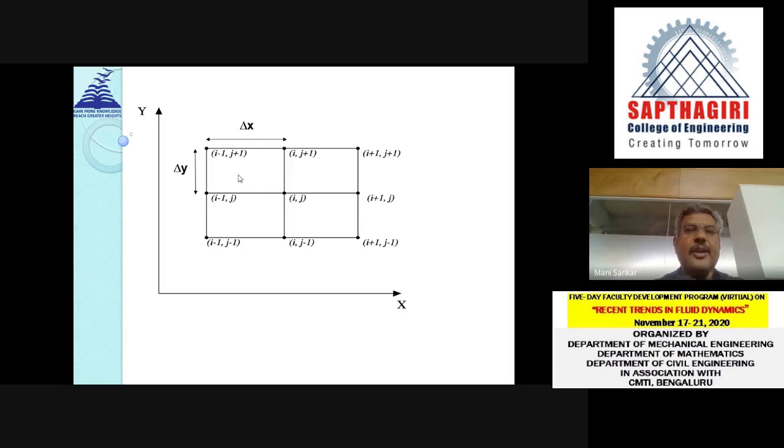As you can see, you have delta x and delta y. Delta x is the mesh spacing in the x direction, and delta y is the mesh spacing in the y direction. In general, these two spacings need not be equal, but they can be equal, depending on the situation we undertake.